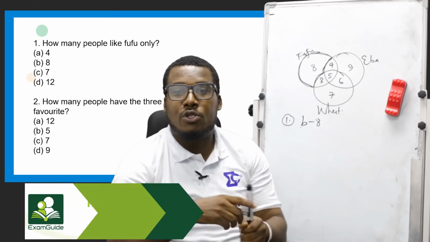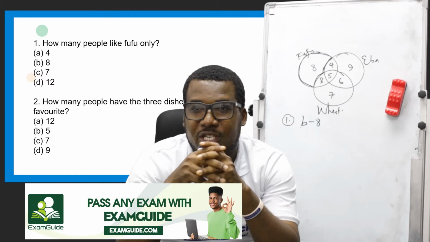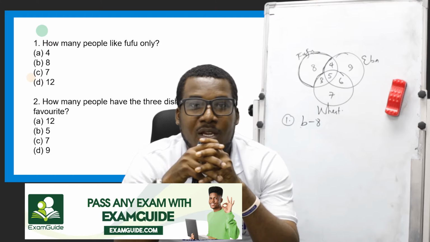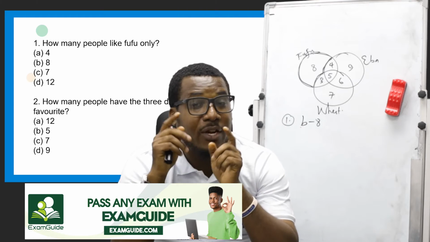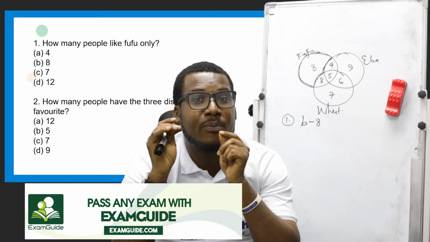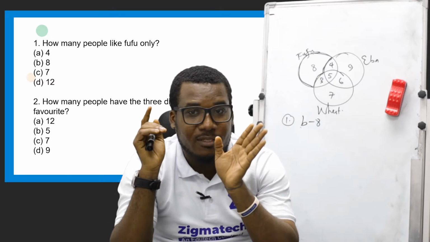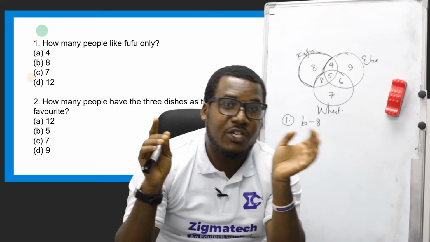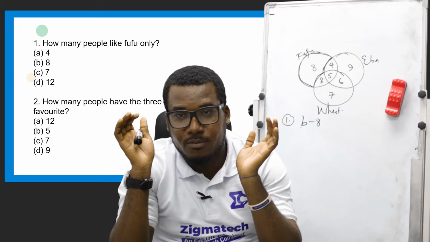Now the second question: how many people have 3 dishes as their favorite? The key words there are 3 dishes as their favorite. Favorite means all 3 dishes, they love all 3.